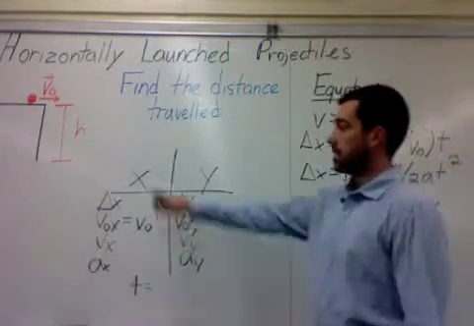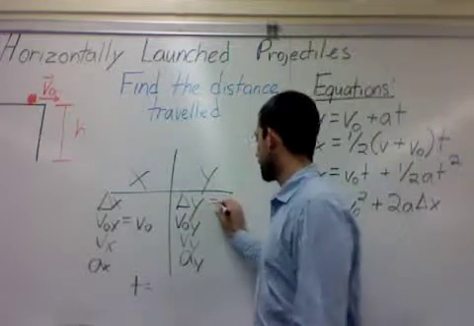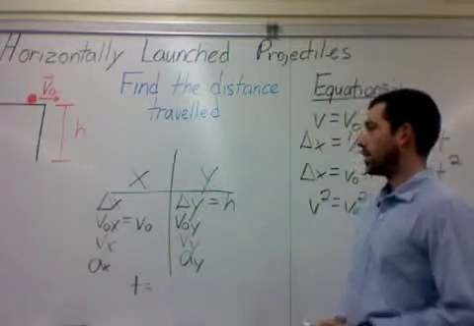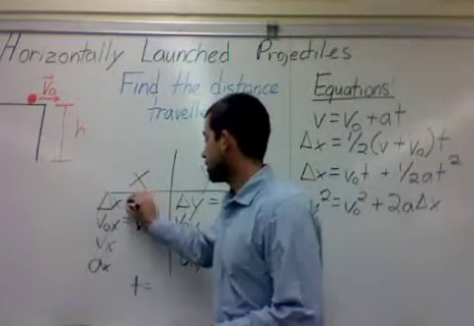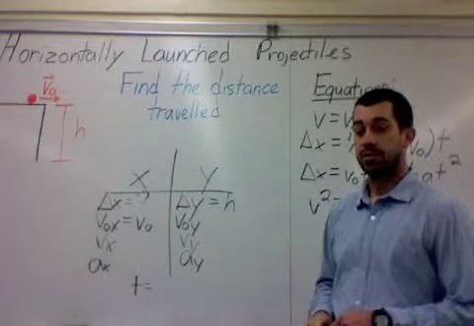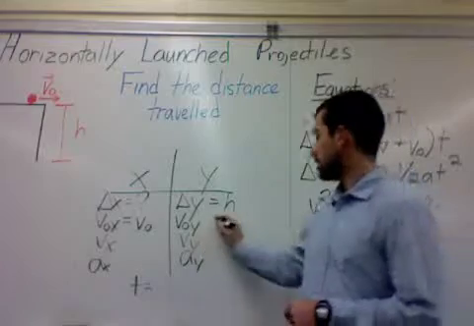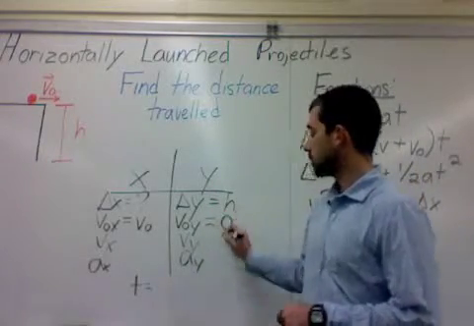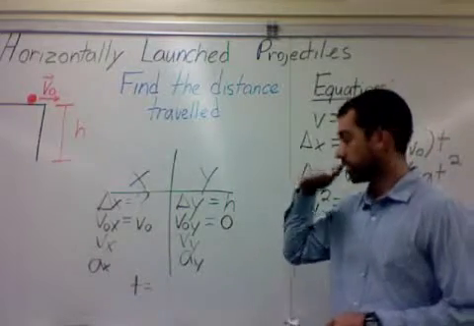The other thing that we're given is the height, which is going to represent delta y. So we can plug that in there. Now, to go through these other things, delta x is what we're trying to solve for. We want to know the distance that we're going to travel. The initial velocity in the y direction is going to be 0, because we are not traveling in that direction at all, just horizontally.